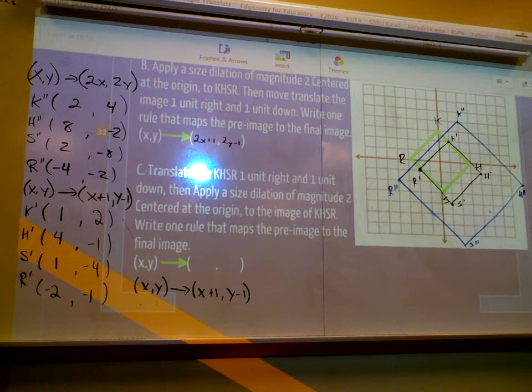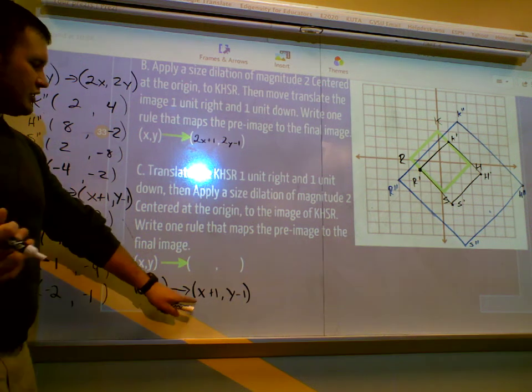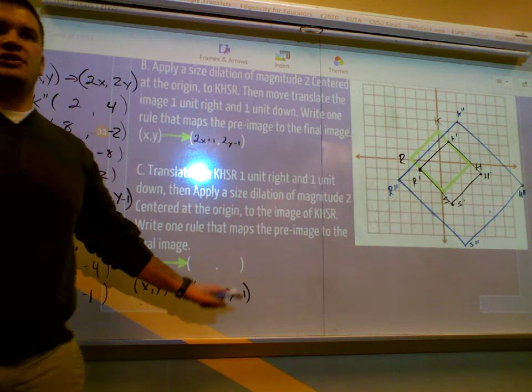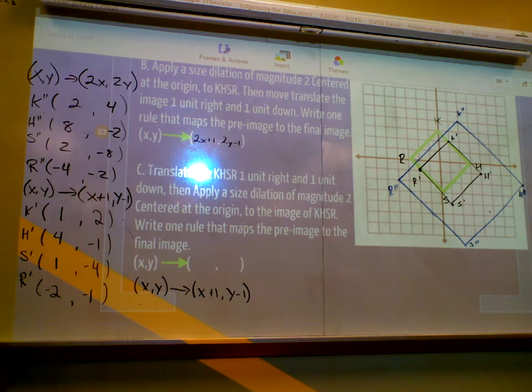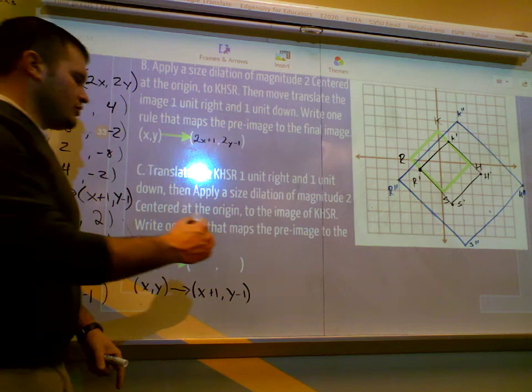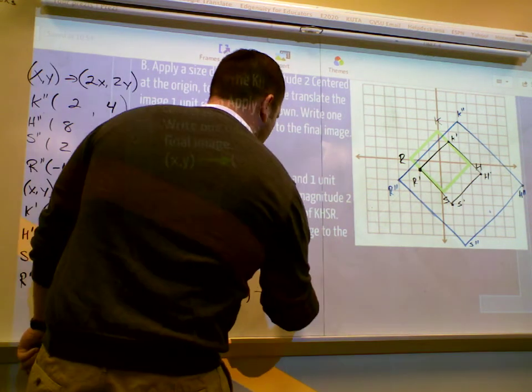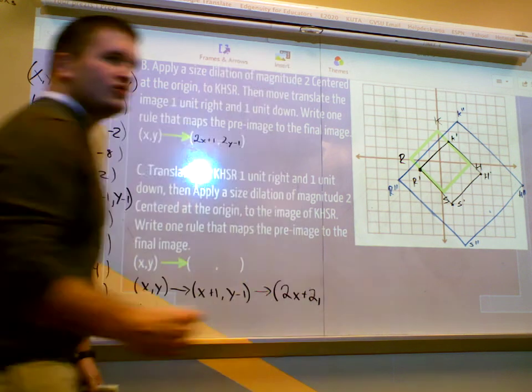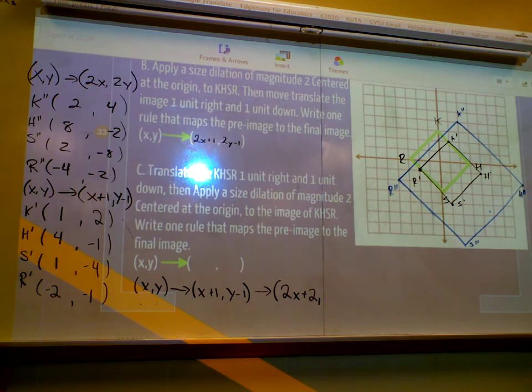What did we do next? We multiply by 2. Now, did we just multiply the x times 2? Or did we multiply x plus 1 times 2? We multiplied x plus 1 times 2, right? So I got to multiply both of these by 2. So it becomes 2x plus 2. We had to multiply both of those by 2.